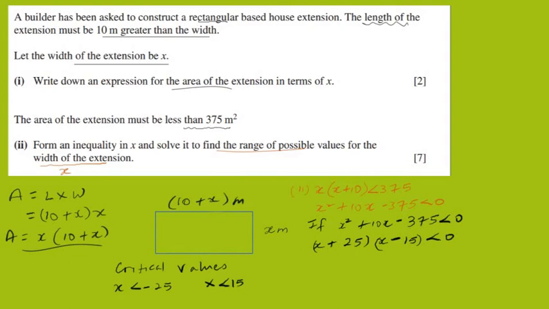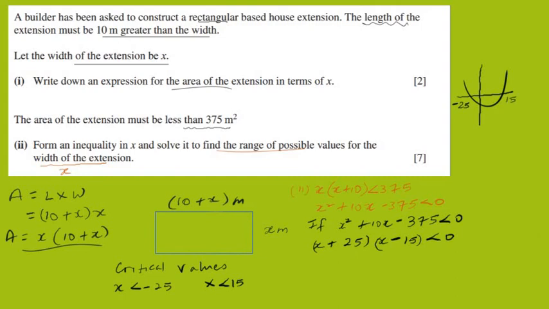If I'm to draw a graph to show this information, my graph is going to look like this. Since x squared is positive, it's going to look like this, where this is negative 25 here, and this portion here is 15.